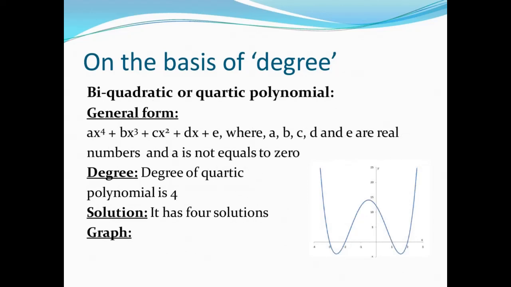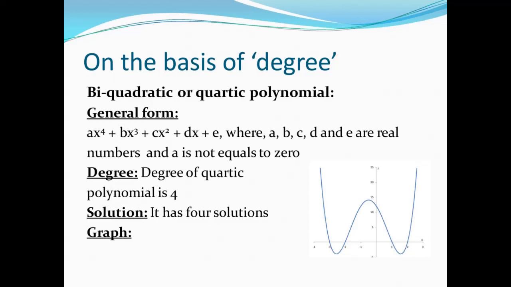Next classification is biquadratic polynomial. Biquadratic polynomial is also known as quartic polynomial. General form of biquadratic polynomial is ax to the power 4 plus bx to the power 3 plus cx square plus dx plus e, where a, b, c, d and e are real numbers and a should not be equal to 0.